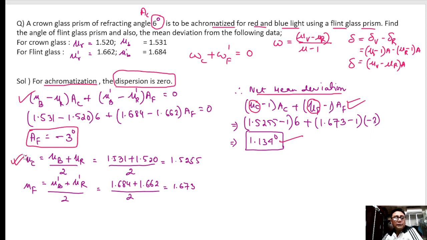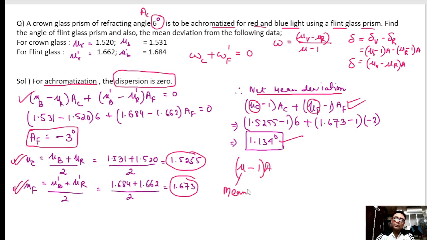So this is our mean refractive index for crown glass. This is our mean refractive index for the flint glass. And using these formulas, the value of this and the value of this is being used here. Please remember, when I am using this mu, this is the mean refractive index of the two colors used. Clear?